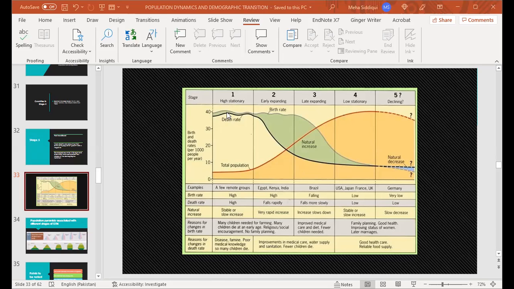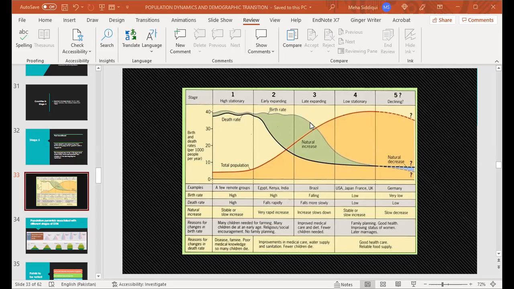Both are very high, but the natural increase is stable or slow because both are balancing each other. Then comes stage 2, which is early transitional, in which the death rate has started falling very rapidly, while the birth rate is not falling at that pace, leading to an increase in population growth. So here we can see a very rapid natural increase, that is, there is a population explosion in stage 2.